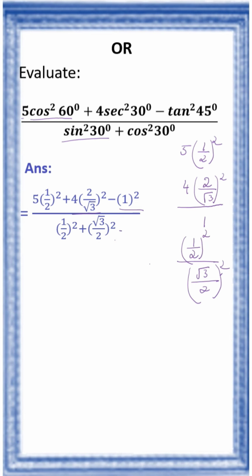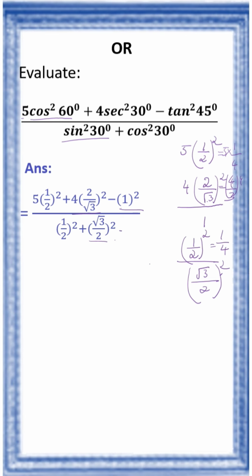In the next step, 1 by 2 the whole square is what? 5 into 1 by 4 means 5 by 4. Here 4 by 3, 2 square is 4, root 3 the square is 3, into 4. Here 1 square is 1 only. Here half square is 1 by 4.